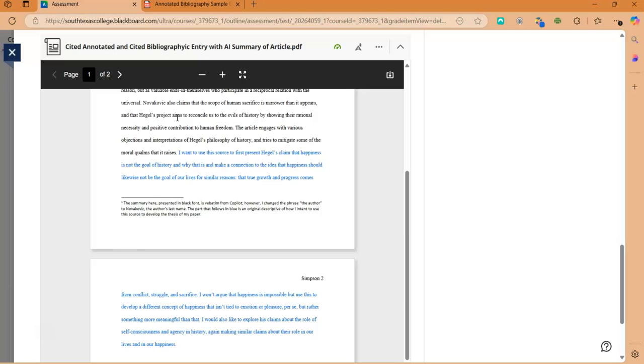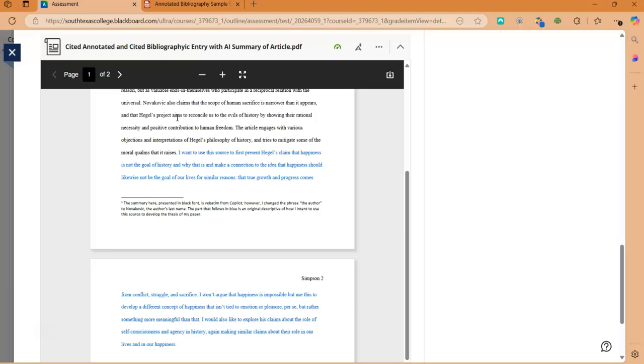I want to use this source to first present his claim that happiness is not the goal of history and why that is, and make a connection to the idea that happiness should not likewise be the goal of our lives for similar reasons, that true growth and progress comes from conflict, struggle, and sacrifice.